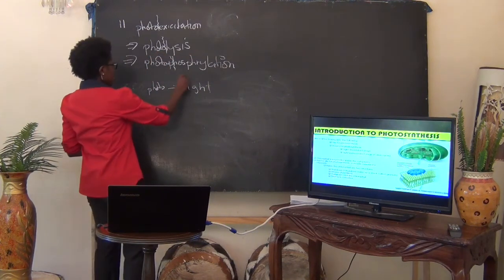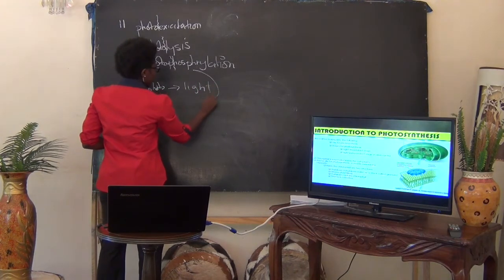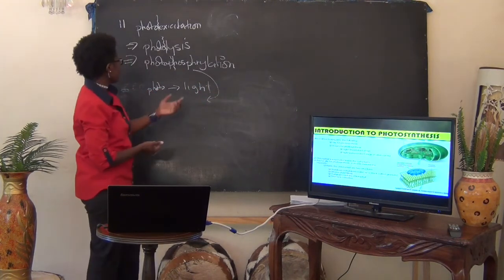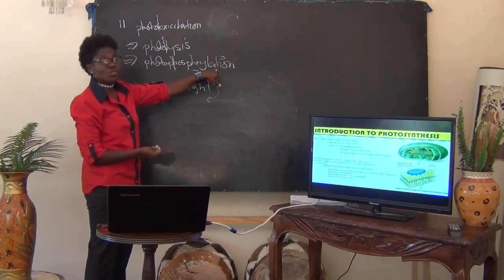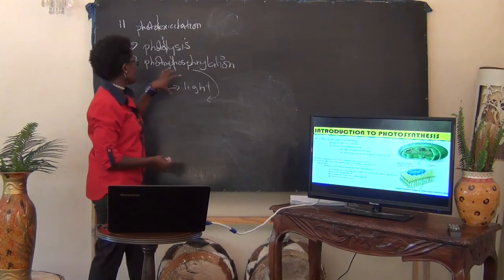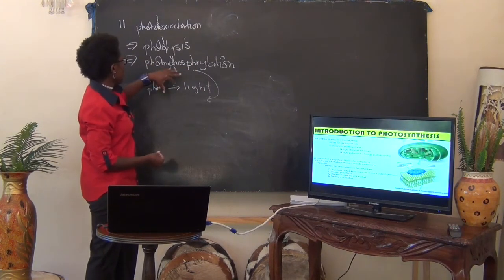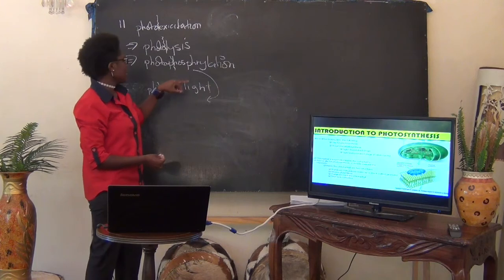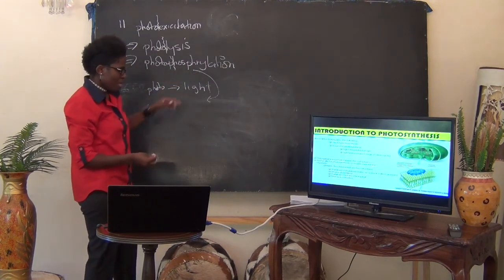And then this should sound familiar from the last presentation. We spoke on the issue of the ATP molecule. It contains a group that is known as the phosphate. So as you are saying photophosphorylation, you are saying that it is a process that came about as a result of light bringing about the addition of a phosphate group on a certain molecule.